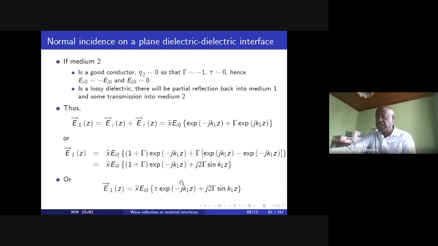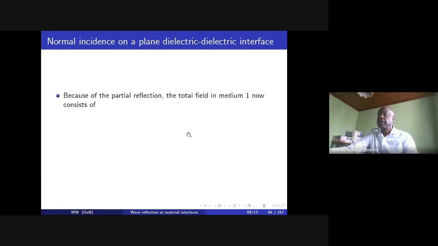And because of this component here, E1z will not have planes where the electric field vanishes like we had for good conductors, but it will have a minimum value rather than a zero, a null, so to speak, because of this traveling wave. Okay?